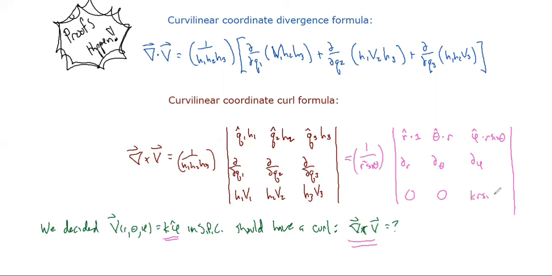So k r sine theta. Okay, and then it proceeds with just normal determinant-y stuff. So for the first part, we get something in the r hat direction, and then we should also get a term in the theta hat direction, and then no term in the phi hat direction. Somebody happy with their answer for the curl?